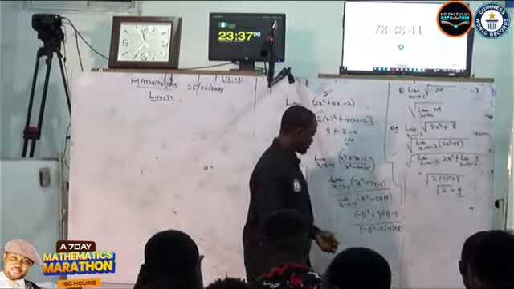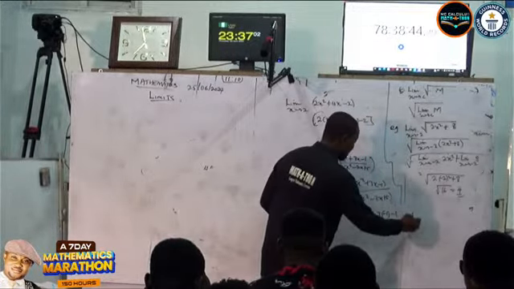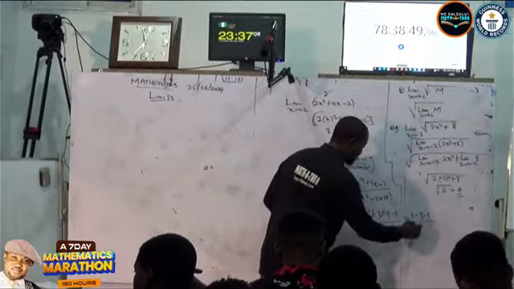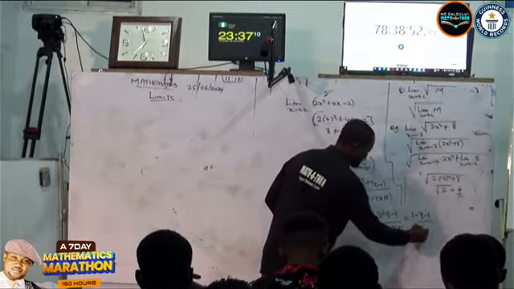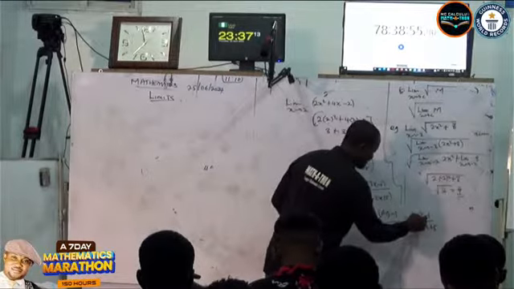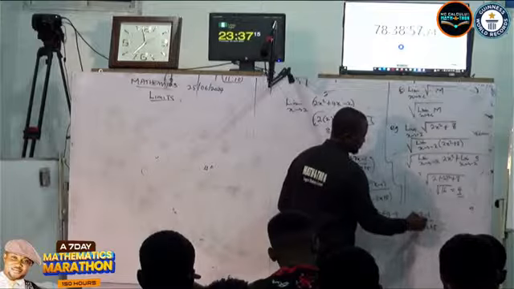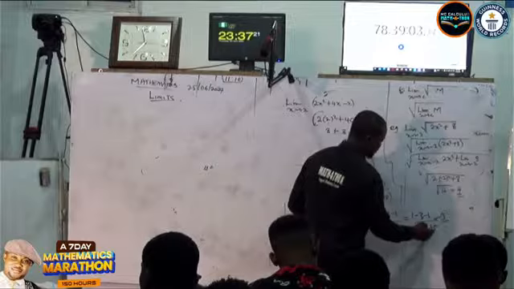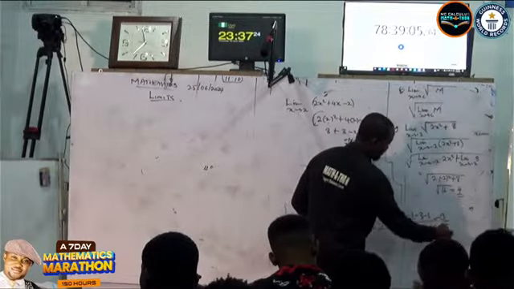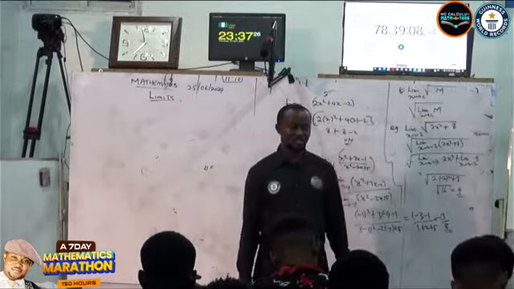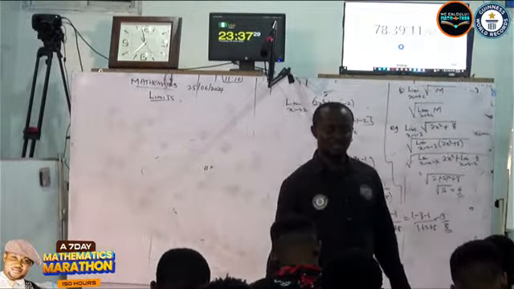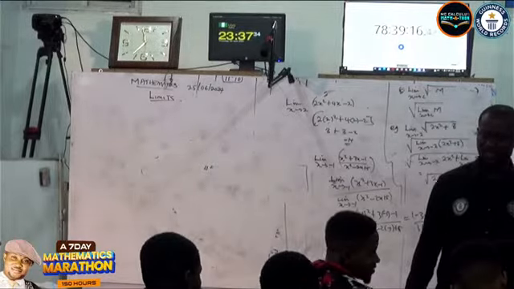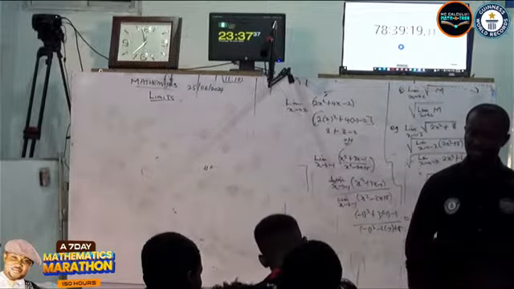Minus 1 squared is 1. 3 times minus 1 is minus 3. So 1 minus 3 minus 1 is minus 3 over: 1 minus 2 times minus 1 is plus 2, plus 5. That's your answer. It's as simple as that. Math is very simple, trust me.